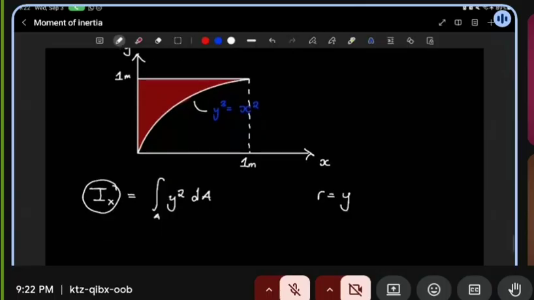If you're getting the moment of inertia about the x-axis, you have the radius as y, so the radius squared will be y squared. But if you're getting it about the y-axis, the radius will most likely be an x, so you have the radius squared, which will be x squared dA.